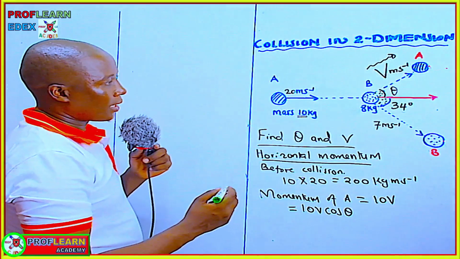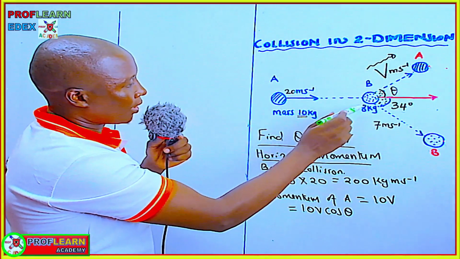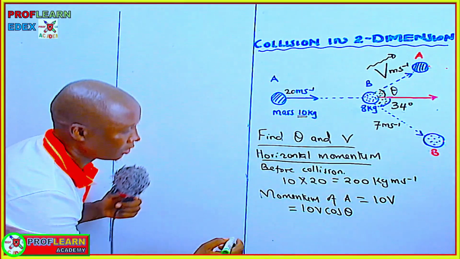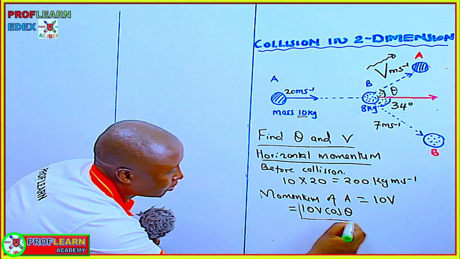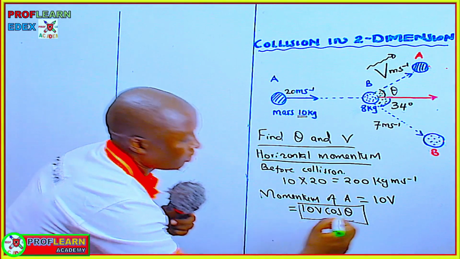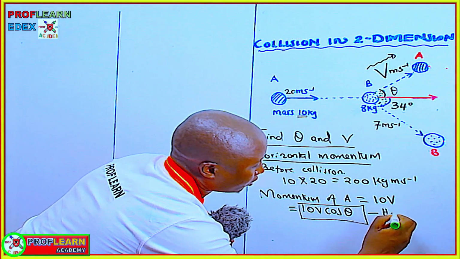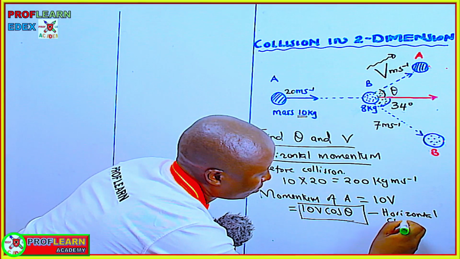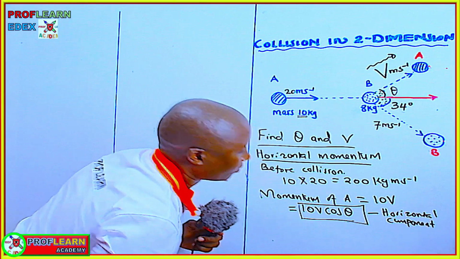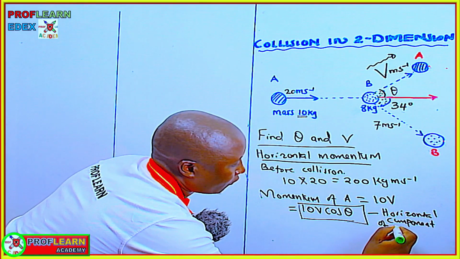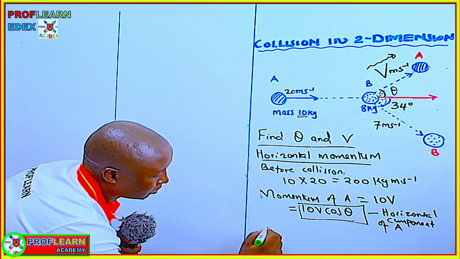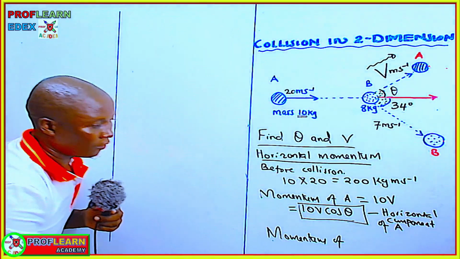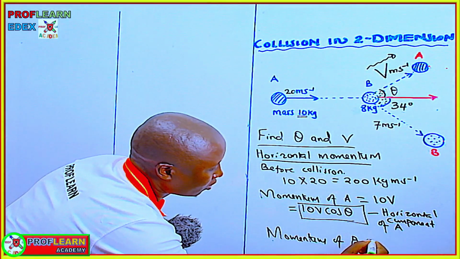Then also we are going to work out the horizontal component. First, we need to work out the momentum of B in this particular direction. So take note of this as the horizontal component of A. Momentum of B now is going to be equal to what?